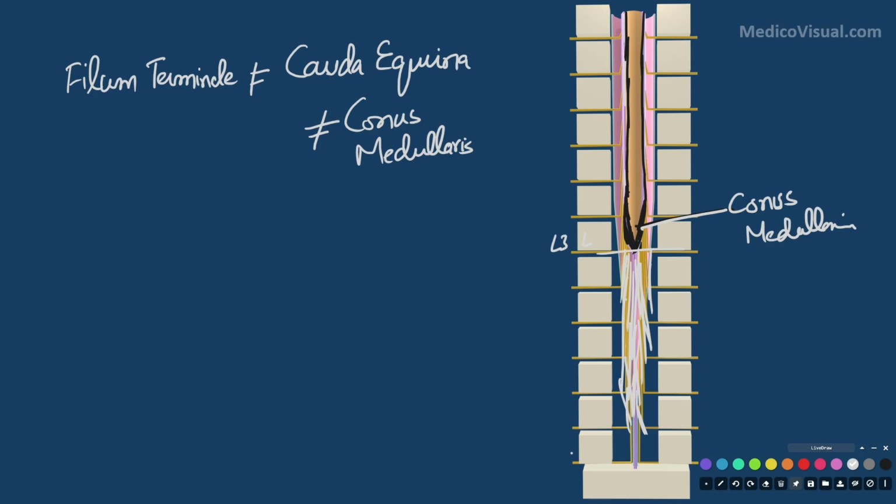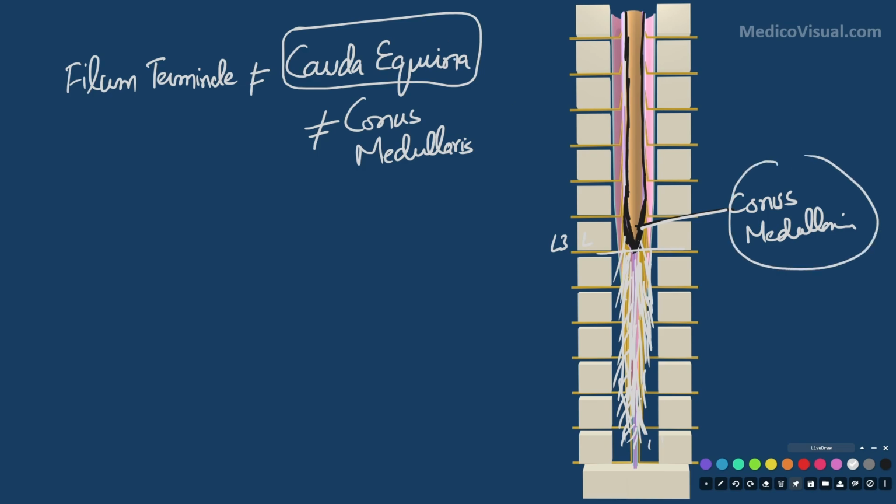Equina is horse, cauda is tail. So cauda equina is these nerves which are below the level of termination of the spinal cord. Conus medullaris is something else, cauda equina is something else. You must be very clear about the differences between the two.